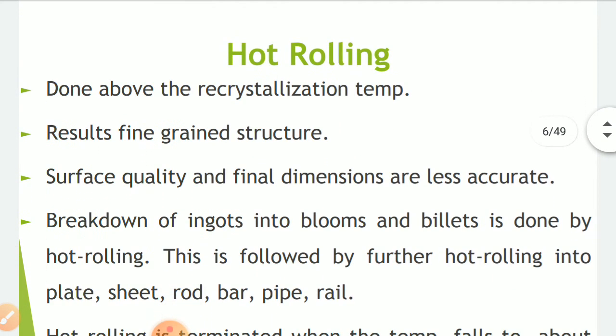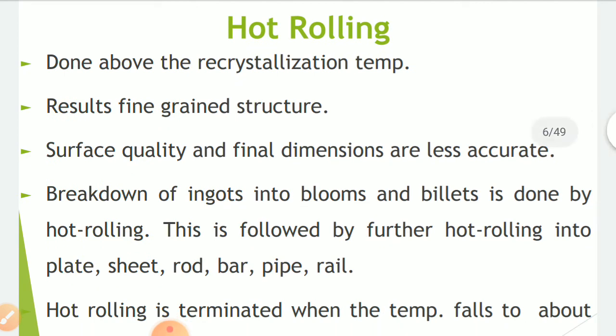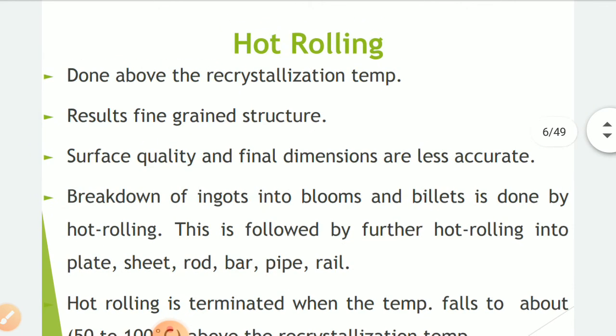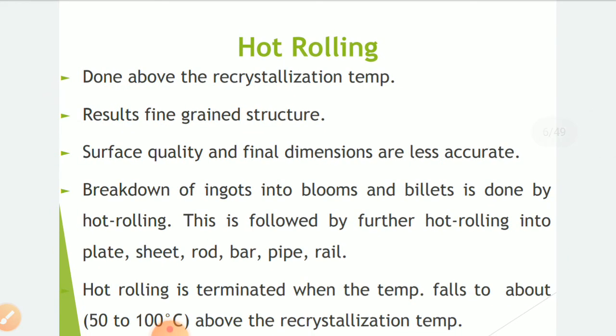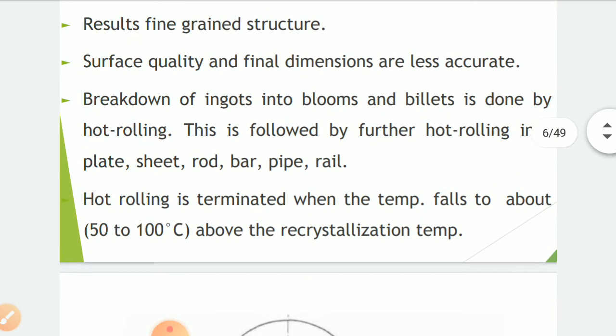So let us recapitulate what we have studied in previous lectures, like what is hot rolling and what is cold rolling. So very quickly, hot rolling is done above the recrystallization temperature and we'll get fine grain structure.